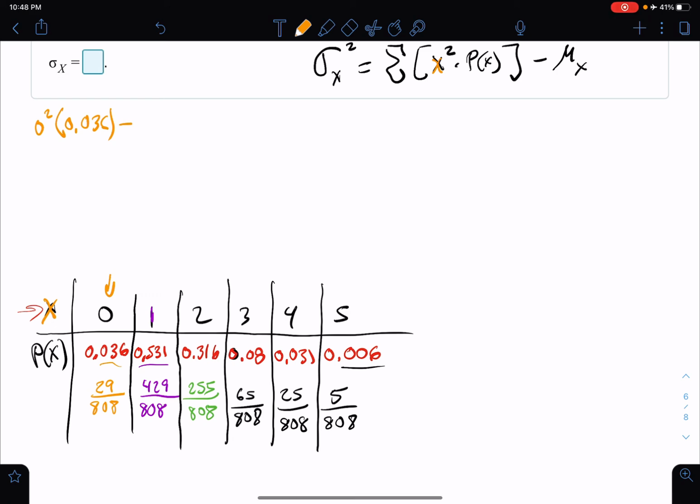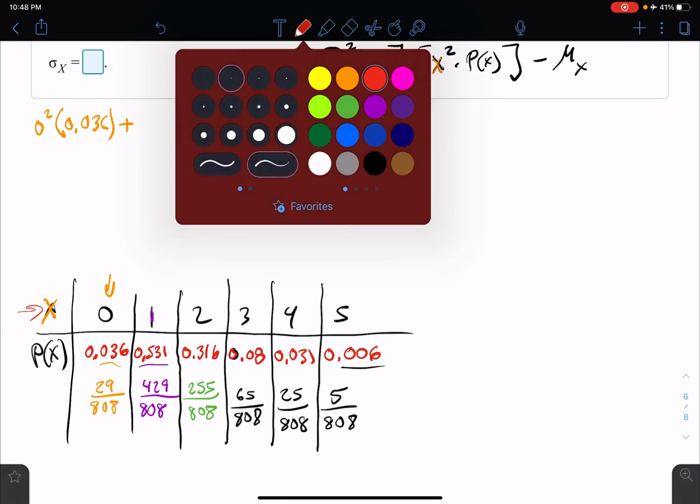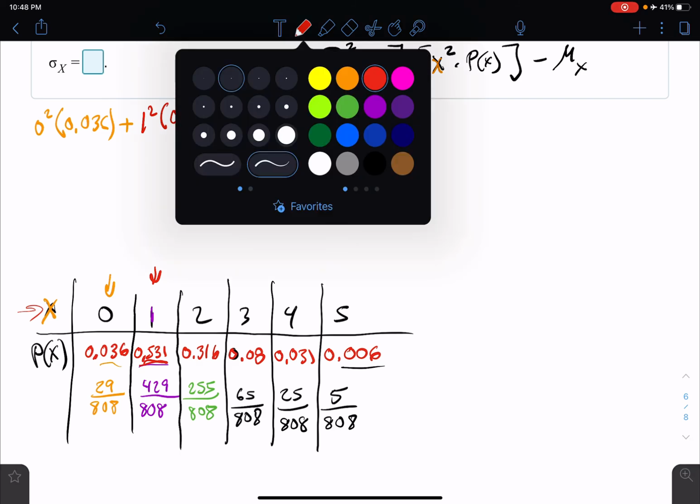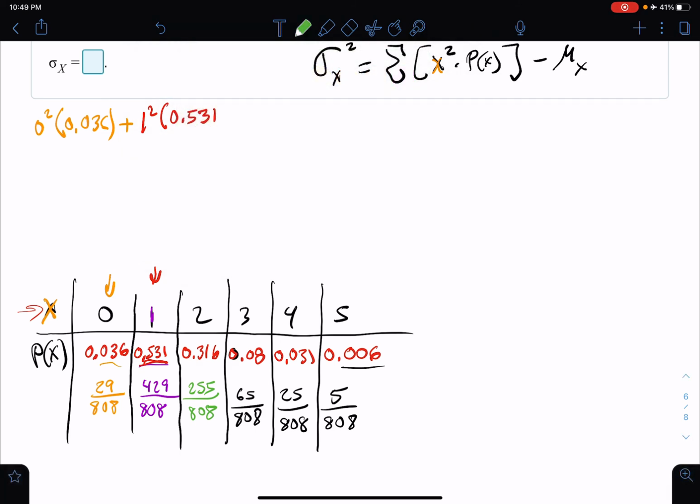as 0.036. Next particular problem, let's do this one in red. It's a 1 squared, which is still 1, and then the probability of getting that is 0.531, right? 0.531 right there. And then the next one we'll do in green.